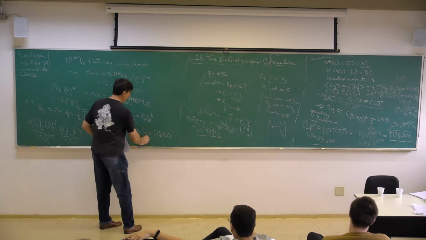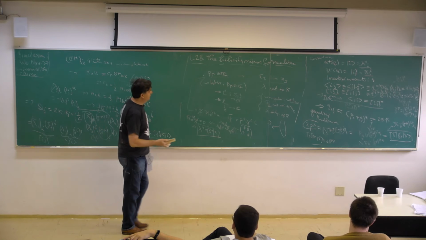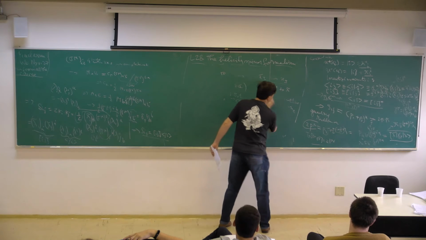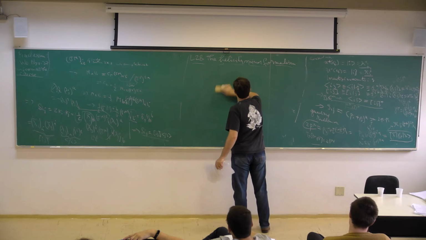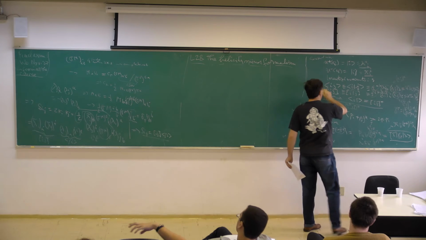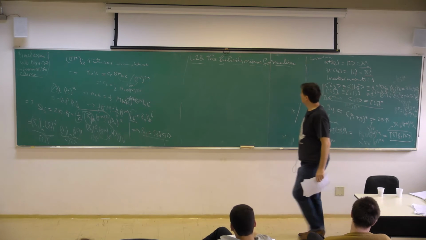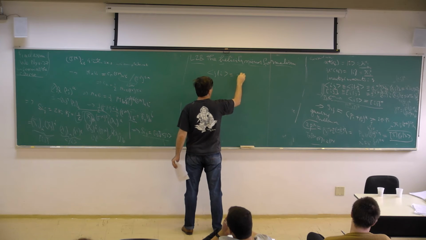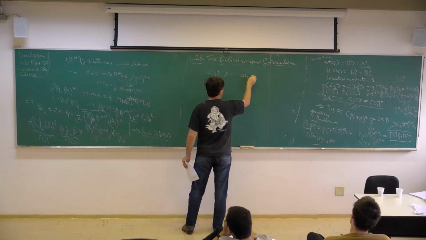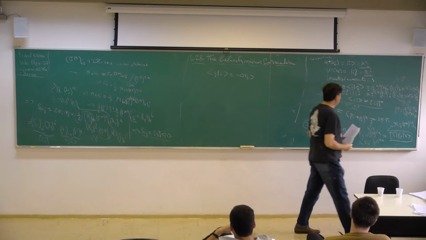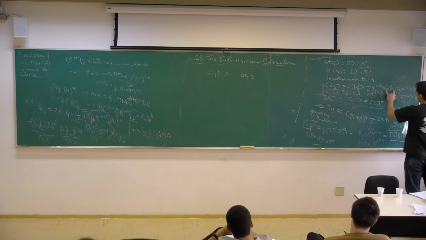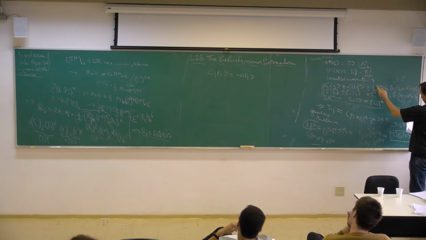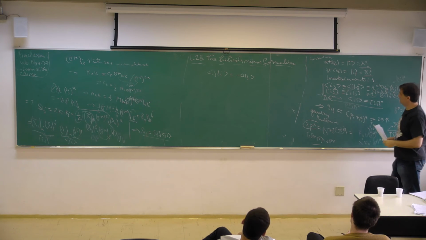Okay, but further we note from this definition that ij is antisymmetric, because exchanging j with i is equivalent to exchanging A with B in the epsilon, which is antisymmetric.